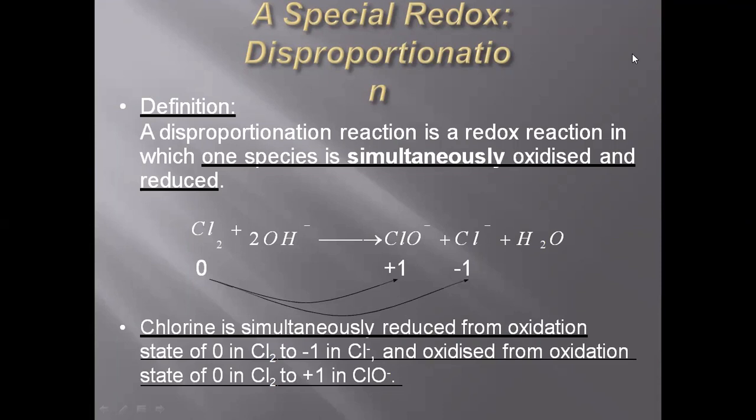So when the oxidation state goes from 0 to -1, it means a reduction is there. Clear? And when your oxidation state moves from 0 to +1, it clearly states that this is an oxidation. Clear?